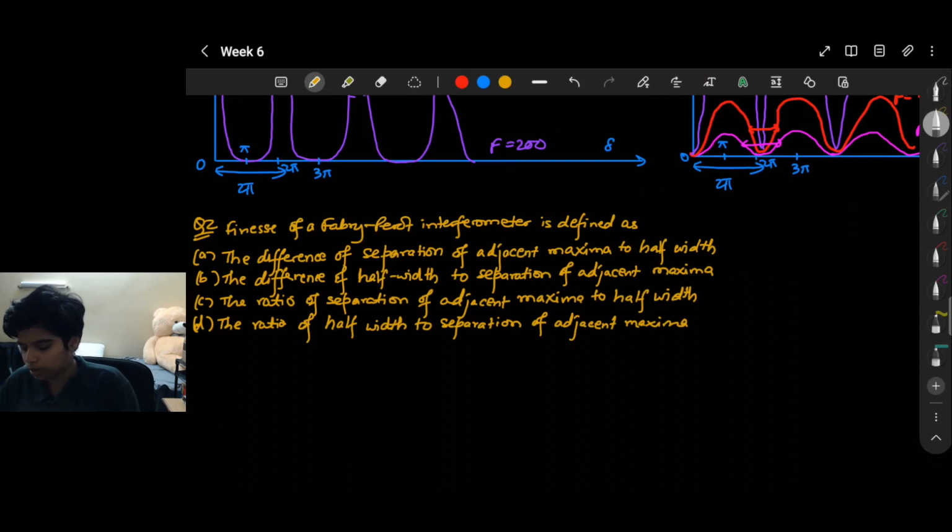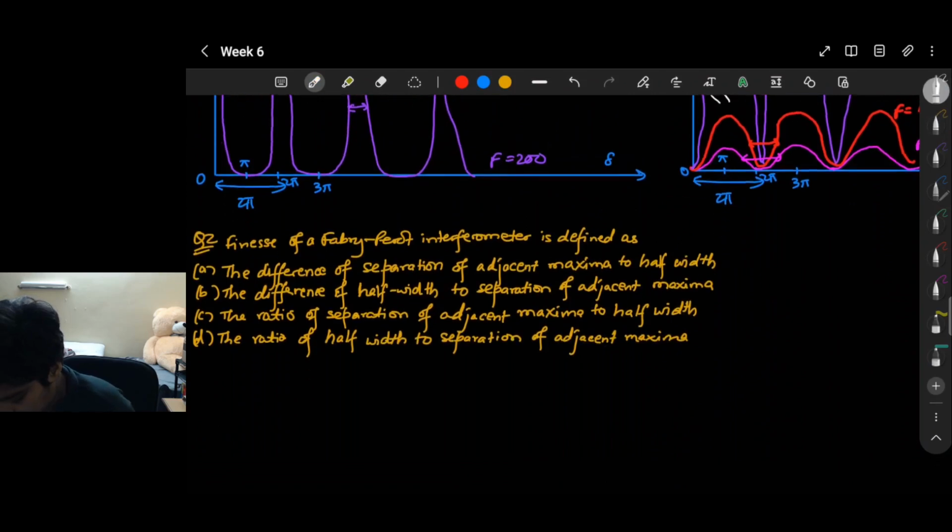Okay, so let me now discuss the answer. So separation between adjacent maxima, as you have seen, is 2 pi.